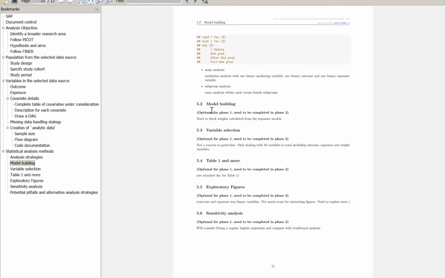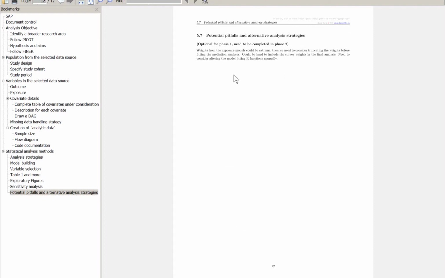Alright, then I talk about some model building strategy, variable selection strategy, table 1, and some exploratory figures and sensitivity analysis. And also at the end I talk about some potential pitfalls and how I'm going to address that.